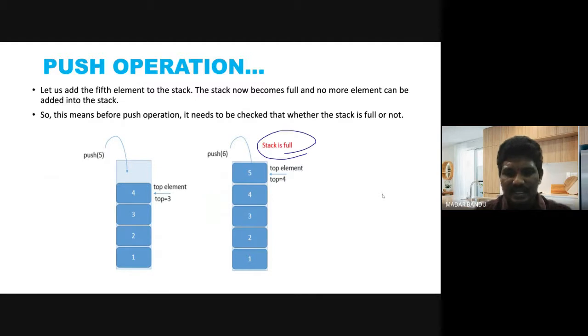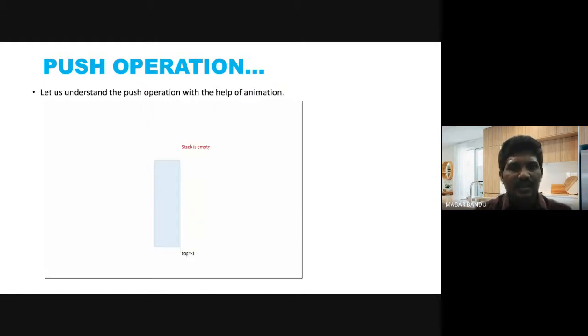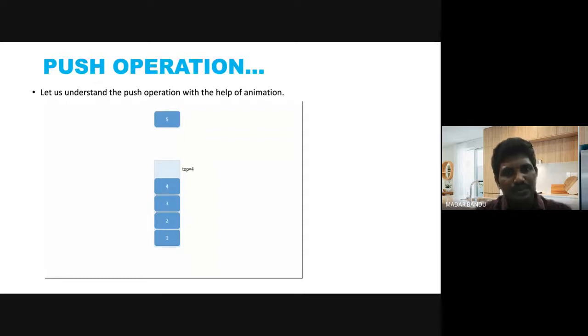Then in the next slide you can see how the push operation is performed. Push 1, element 1 has been inserted, push 2, then 2 has been inserted into the stack, push 3 and push 4, push 5. Each and every time you can observe that the top value is increased by 1. Then when the maximum size is exceeded, it shows the message stack is full.